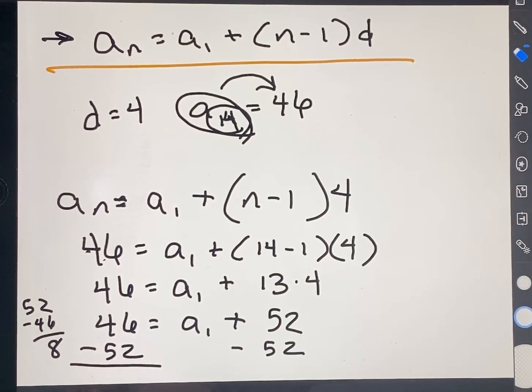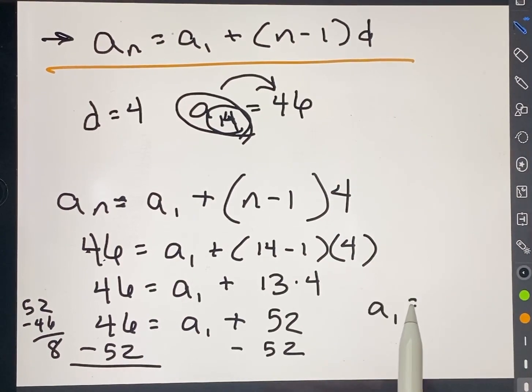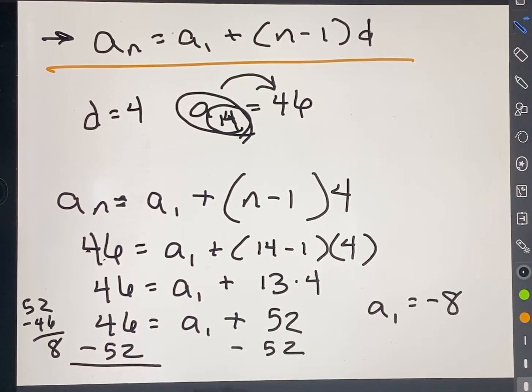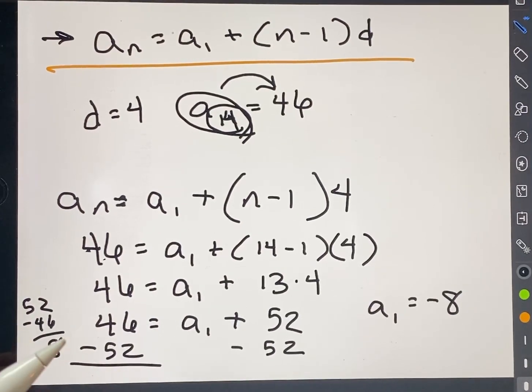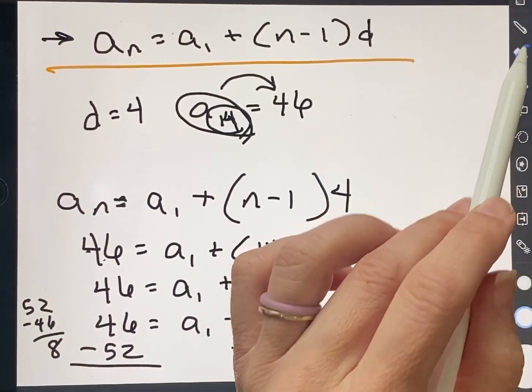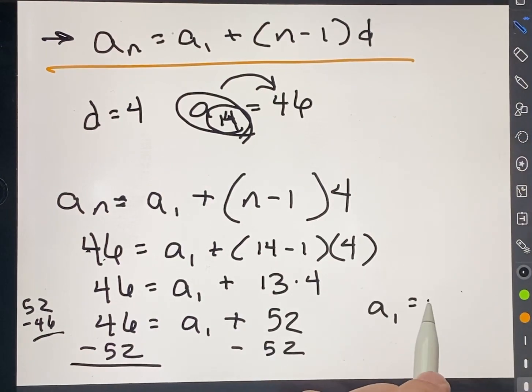So we can say that we are starting at the value, our a sub 1, we are starting at the value of negative 8. All right, is that right? Nope, 6, sorry. Totally wrong on that one. The value of negative 6.